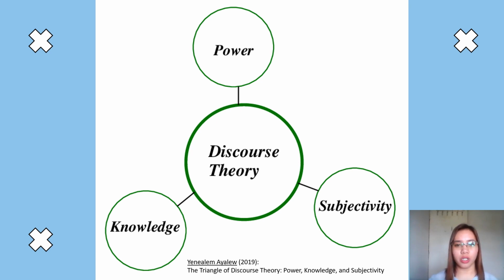So the first one, we have the power, which reflects the ability to influence and control through discourse, while knowledge shows how our understandings are constructed within a specific context, while subjectivity highlights how individual and collective identities are formed through these interactions. So it emphasizes the interconnectedness of these three elements in shaping our realities.